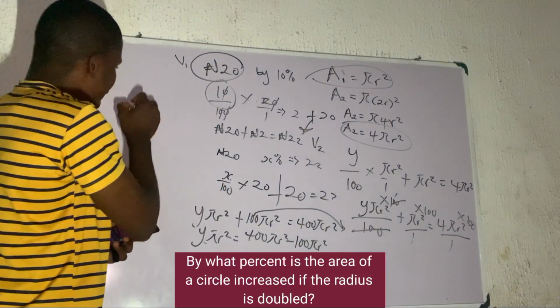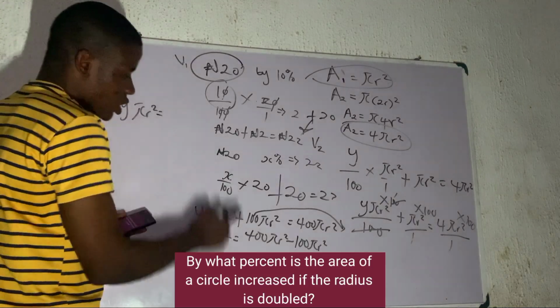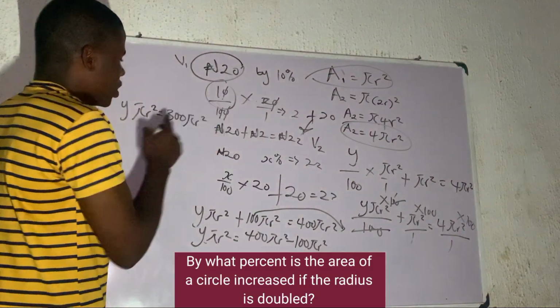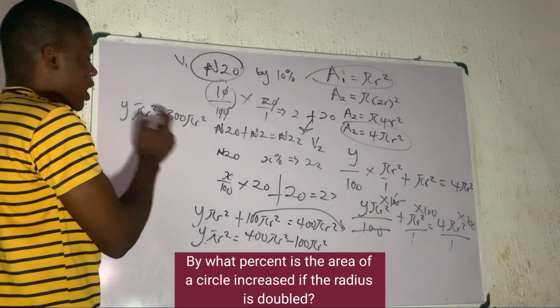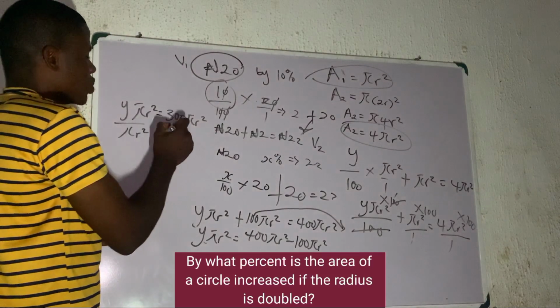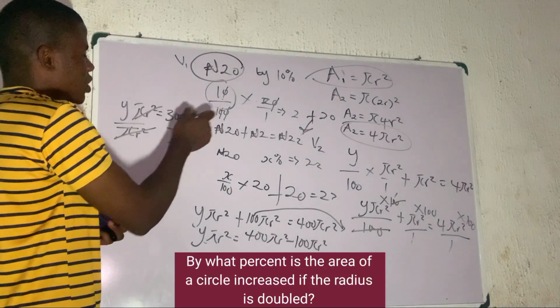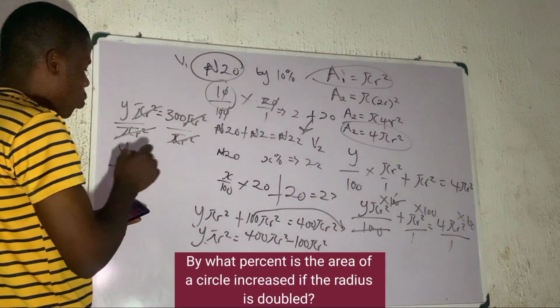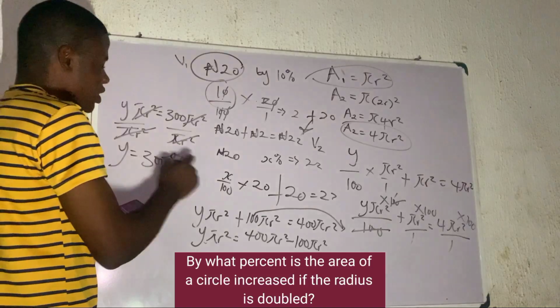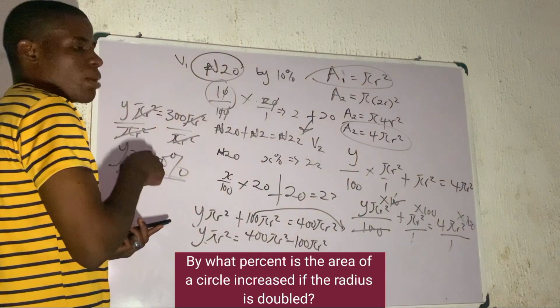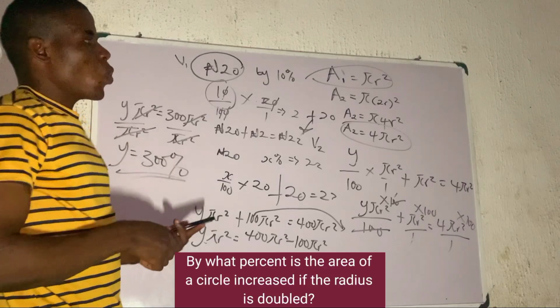So y pi r squared is equal to 300 pi r squared. If I divide both sides by pi r squared, this cancels this. So y is equal to 300 percent.